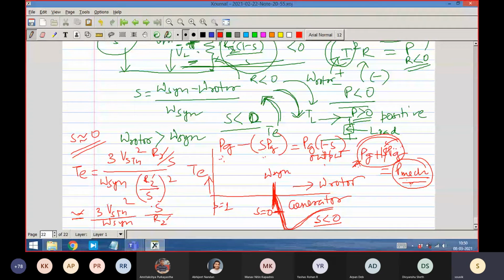One more small addition to this interpretation. Nice, very nice interpretation we are doing here. Just take another page and let us see. So this is the original torque slip characteristic.